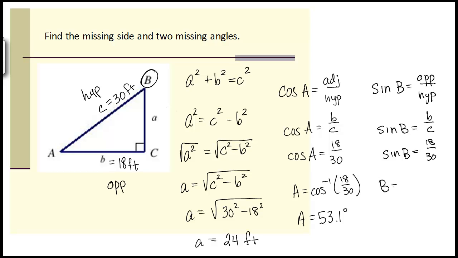So B is equal to the sine⁻¹ of the fraction 18/30. You should get 36.9 degrees. And just to double check, if you add angles A and B together, do you get 90 degrees? You do. That means that both angles are correct.